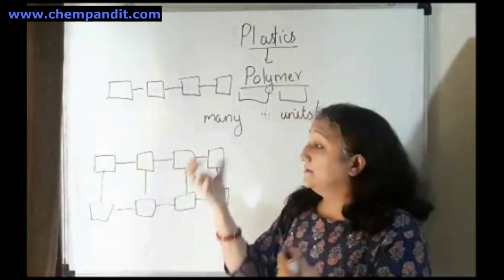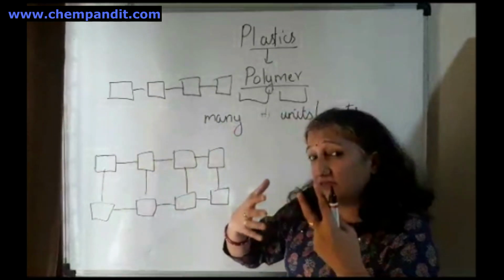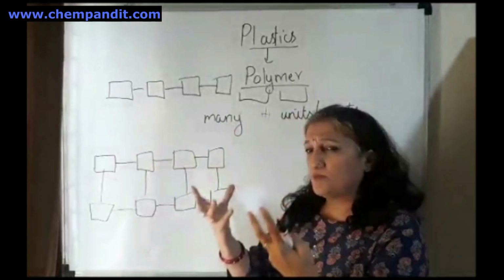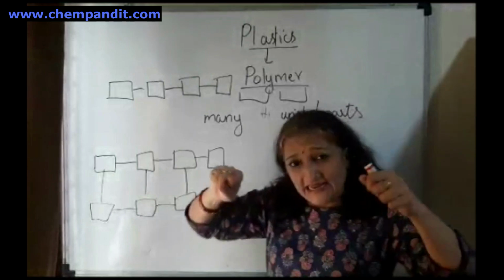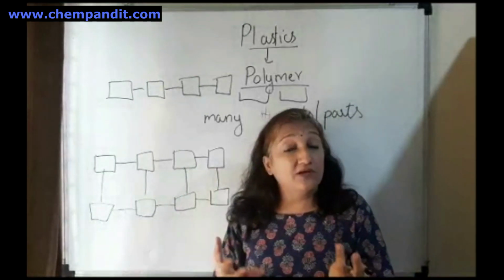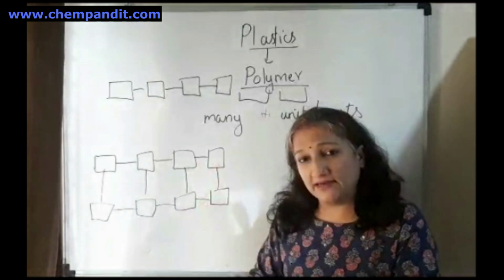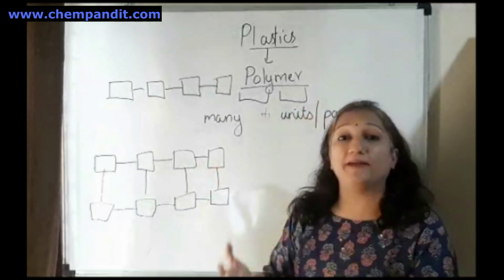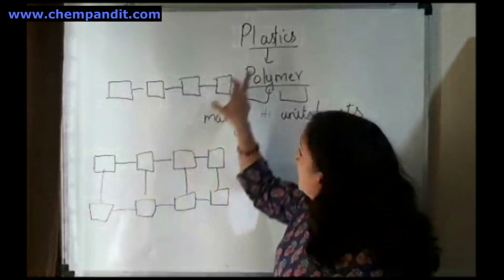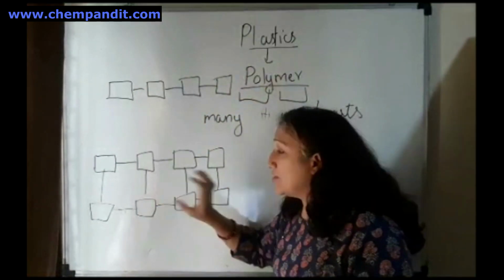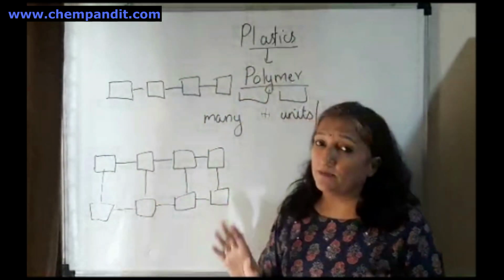It can be bent. But imagine an article or object having this structure. Can it be bent easily? No. Just think. If you try to bend it, it will break. It won't bend. So the polymers or the plastics having cross-linked structure do not bend.